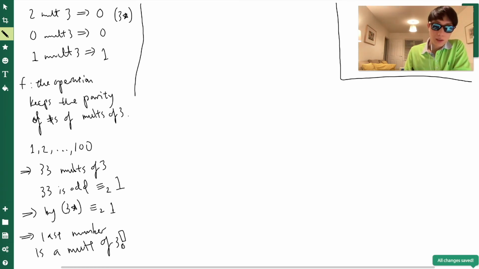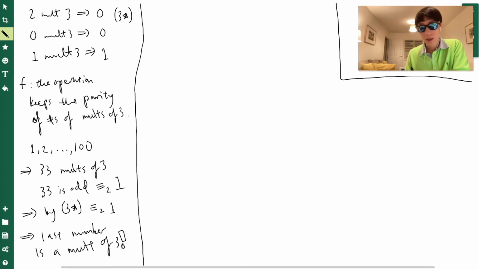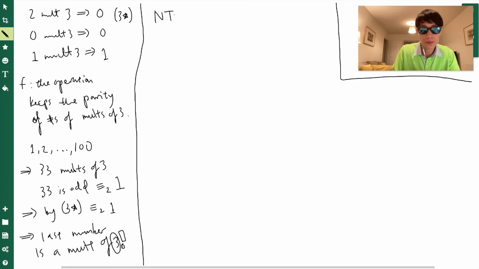But the thing is, we're not quite done, because we need to show that this multiple of 3 is unpaired. In other words, we need to show that 9 does not divide the GCD.